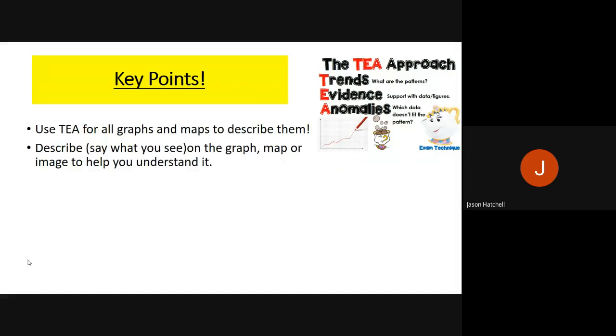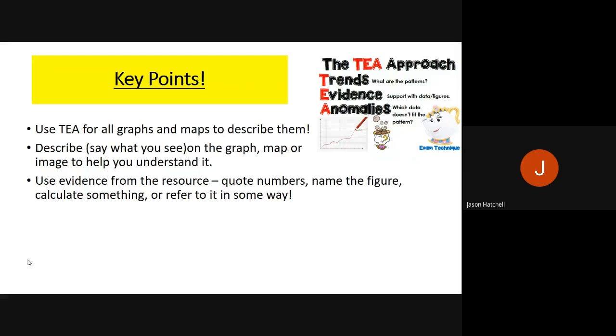Say what you see when you're asked to describe. That helps you understand it. Use evidence from the resource. Quote numbers, quote statistics, quote a date, name the figure, calculate something, refer to it in some way. The resource is there to help you, so let it help you.